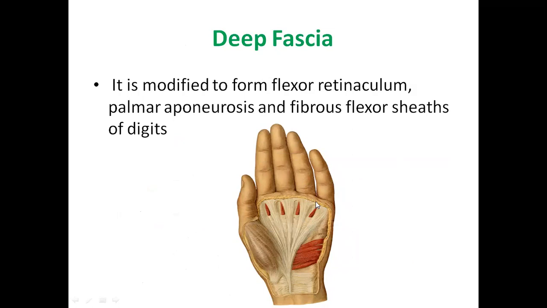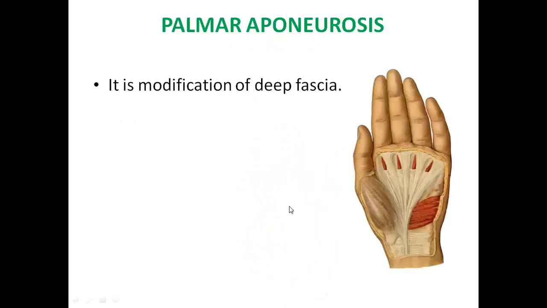Today we will also discuss a triangular expansion of deep fascia in the palm, called the palmar aponeurosis. When you go into the digits, dissecting them, you will also come across fibrous flexor sheaths. The palmar aponeurosis itself is a 5 marks question, a very, very important topic.